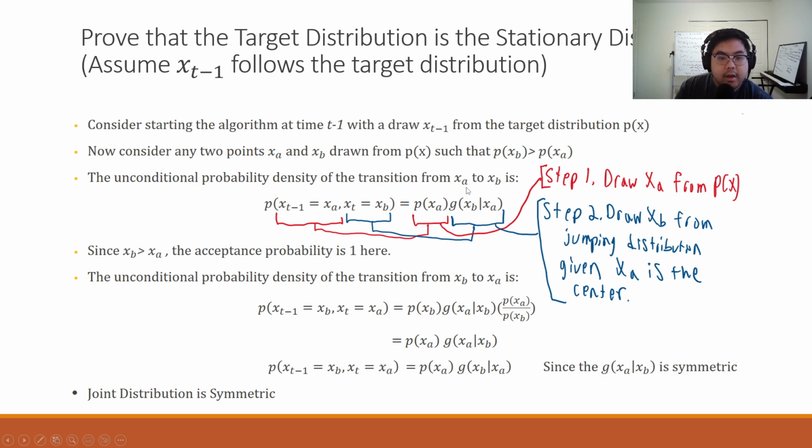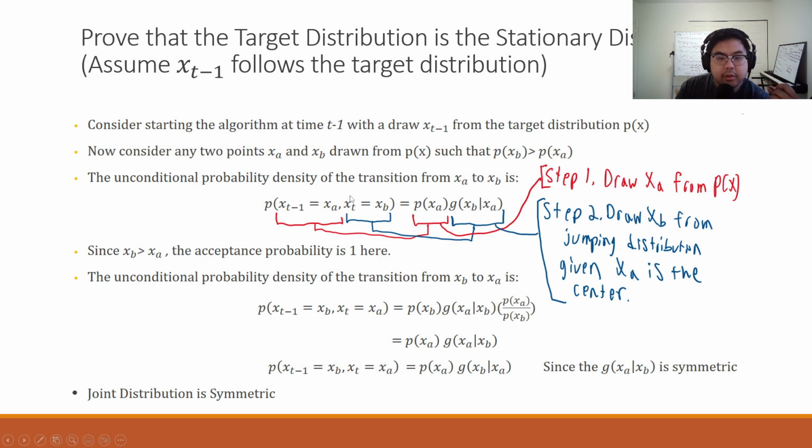It can sample a point where p of x of b is greater than p of x of a. In this case, when we're going from a to b, we don't have to consider this ratio because it's always greater than 1.